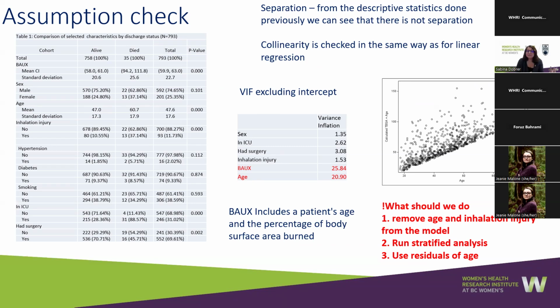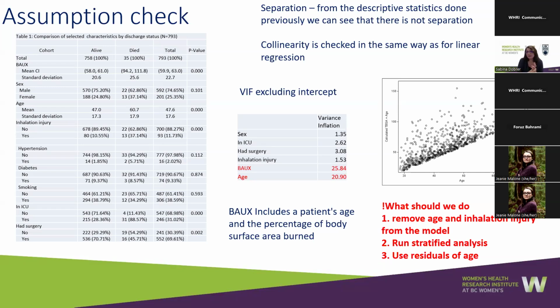Descriptive analysis helps us to understand if you have separation. For separation, you shouldn't see zero in any of the cells when you compare those who lived or died. If in one there is nothing, it may hint that we have a separation issue. So we don't have a separation issue.